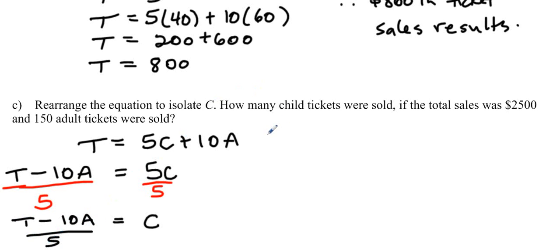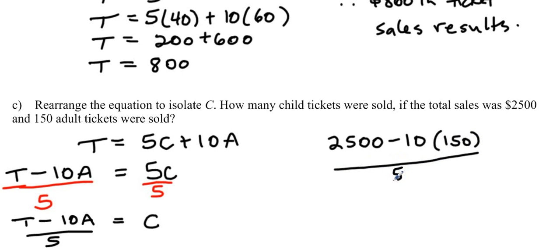All right, so now I've got my equation isolated, and now I'm going to try and solve for the number of child tickets sold, that's C, if the total sales T was 2,500 and the number of adult tickets was 150. So T is going to be 2,500 minus 10 times A, which is 150, all over 5.